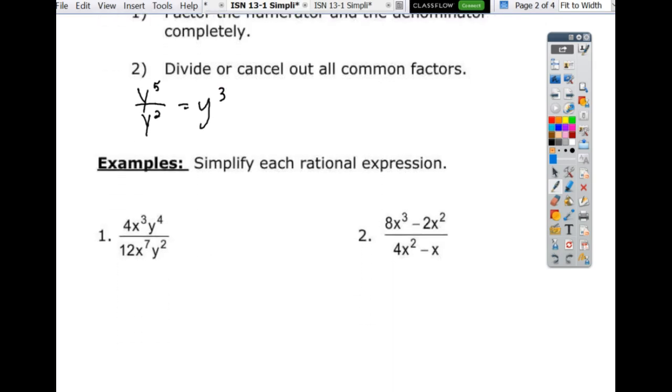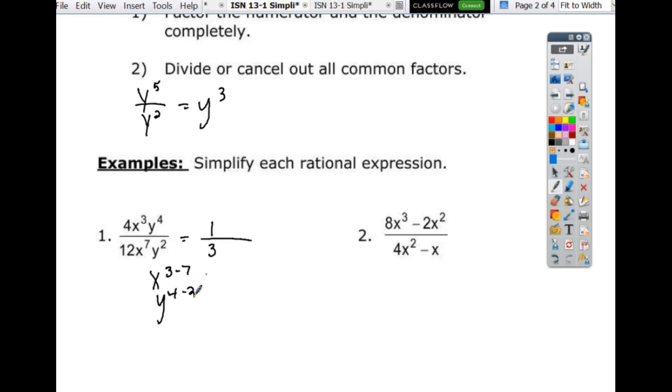So look at number 1. 4 over 12. What can I reduce both of those by? 4. If I divide 4 by 4, I get 1. 12 by 4, I get 3. Then I have 3 minus 7 and 4 minus 2.